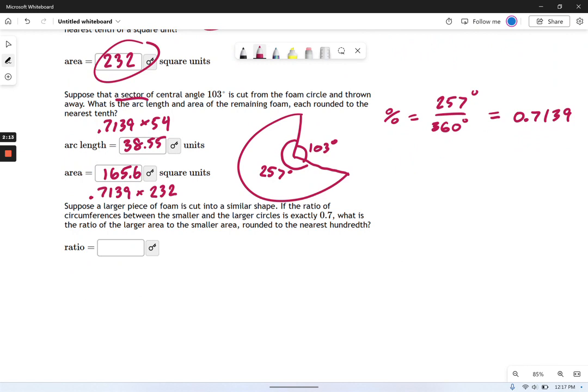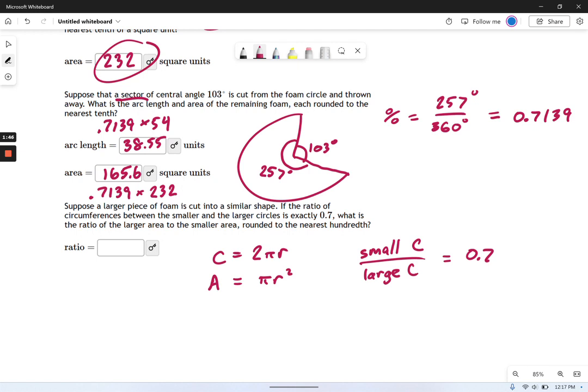Now this last part, I think this is the hardest part of the question. And what you really have to do here is remember your two formulas. C equals 2 pi r. A equals pi r squared. So you can see that if my ratio of small c to large C is 0.7, right?